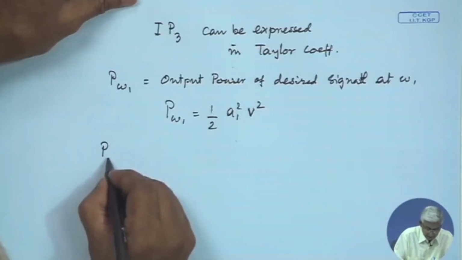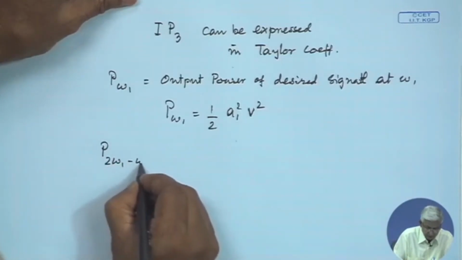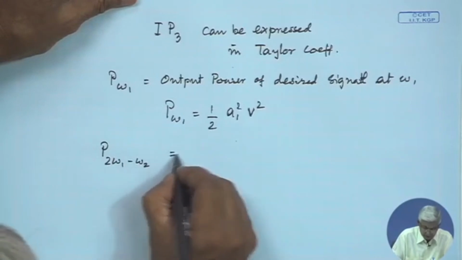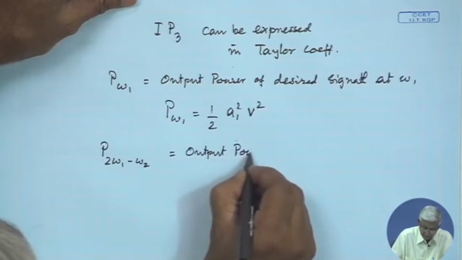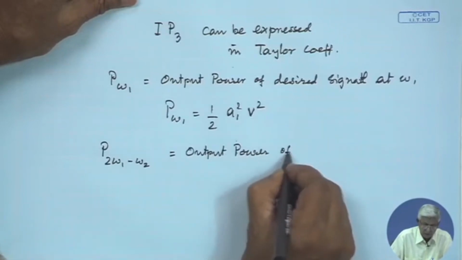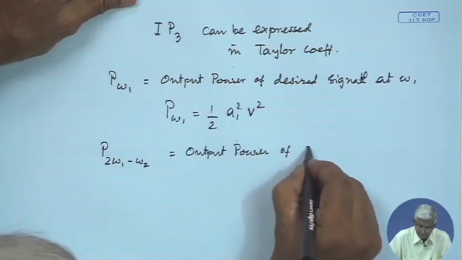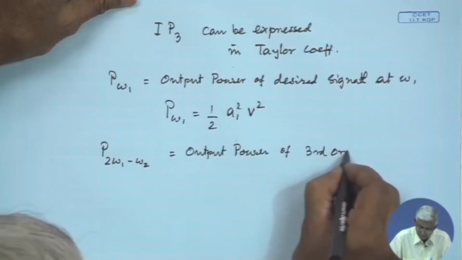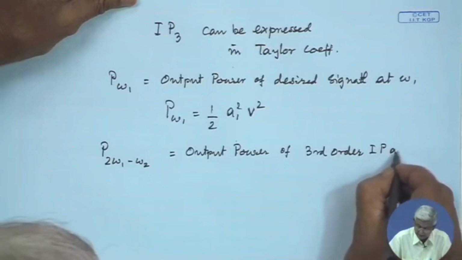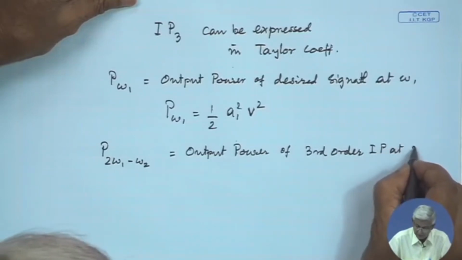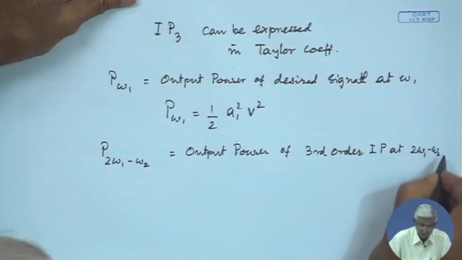Similarly, P 2 omega 1 minus omega 2 is the output power of the third order intercept point at frequency 2 omega 1 minus omega 2.